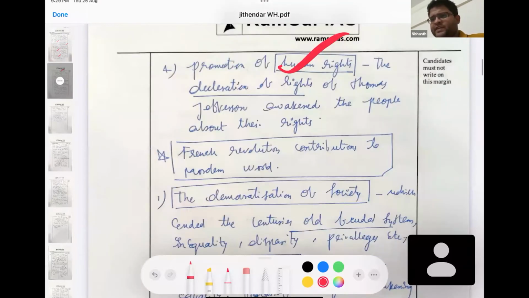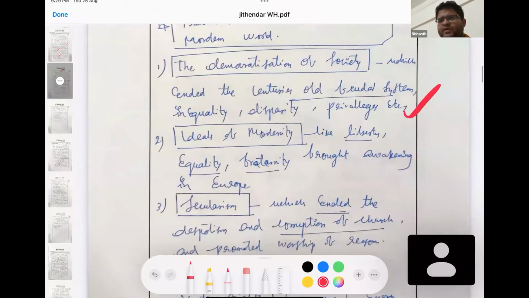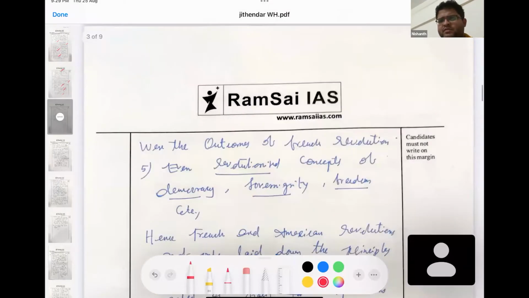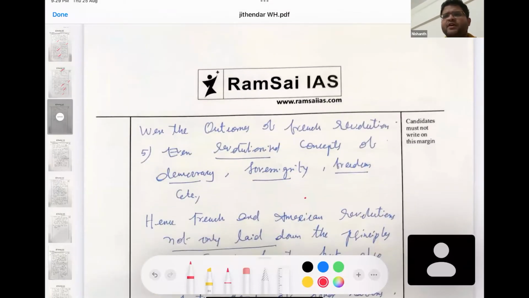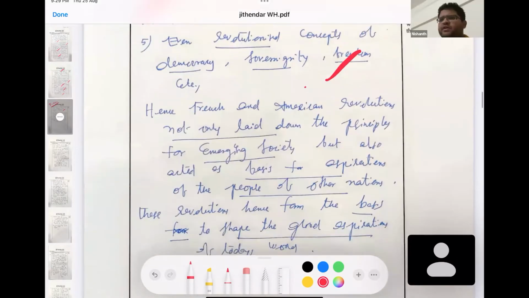Democratization of the society. Good. Ideas of modernity, yes. Secularism. Okay, property. Write about the thinkers. Yes, sir. I read the thinkers. Okay. Decent answer. Good.